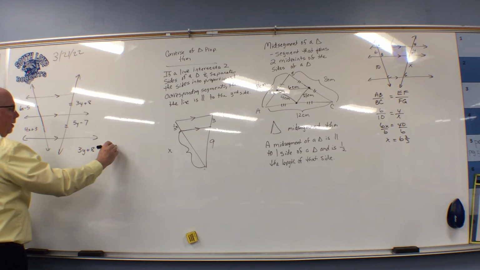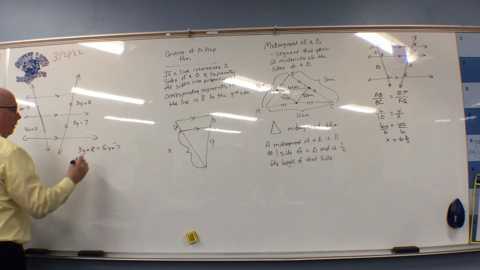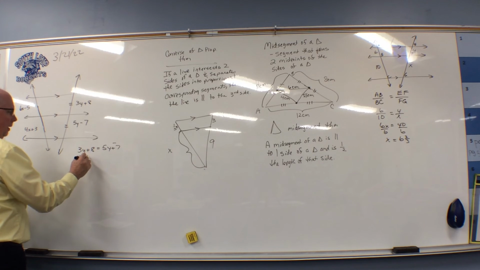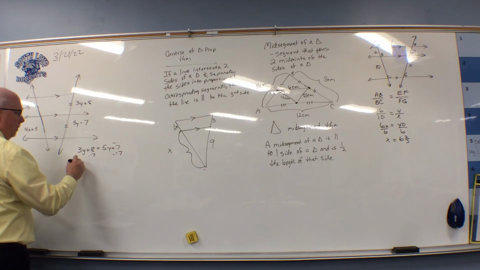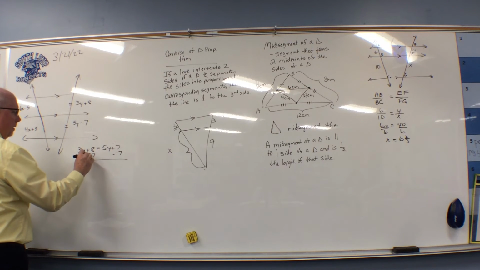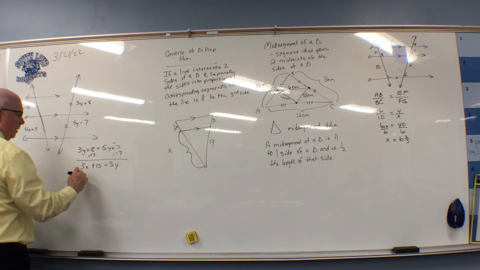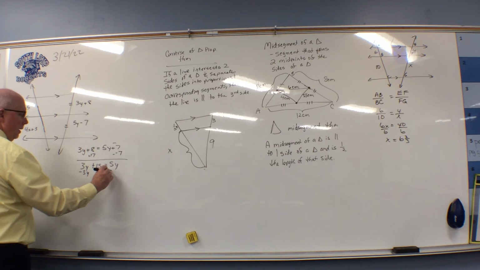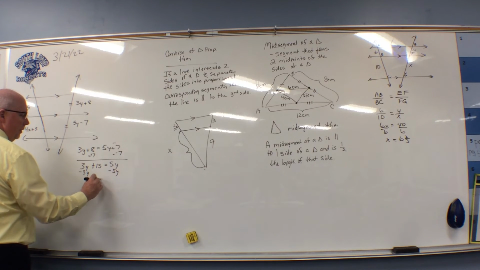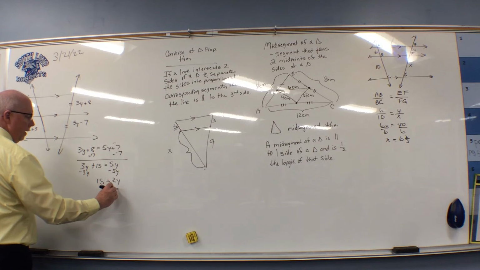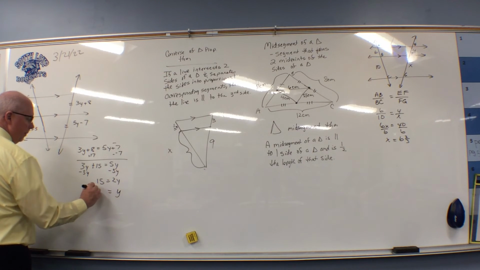Okay, so we're gonna subtract a negative 7 from both sides. We have 3y plus 15 equals 5y, and then we're gonna subtract 3y from this side and 3y from this side, and I get 15 equals 2y, y equals 7.5, right? Yeah. Okay.